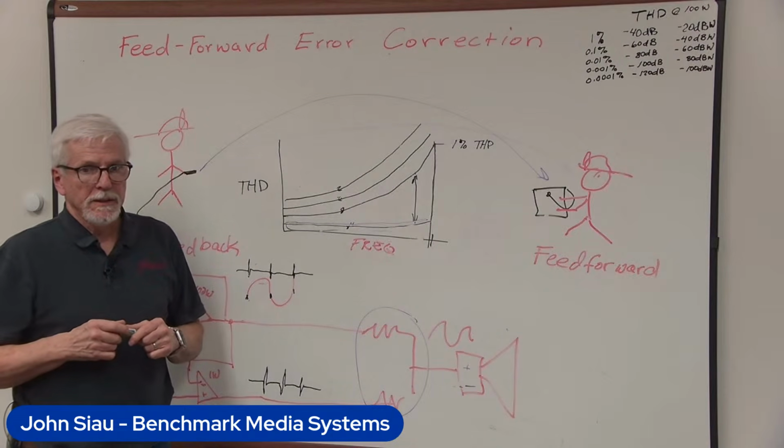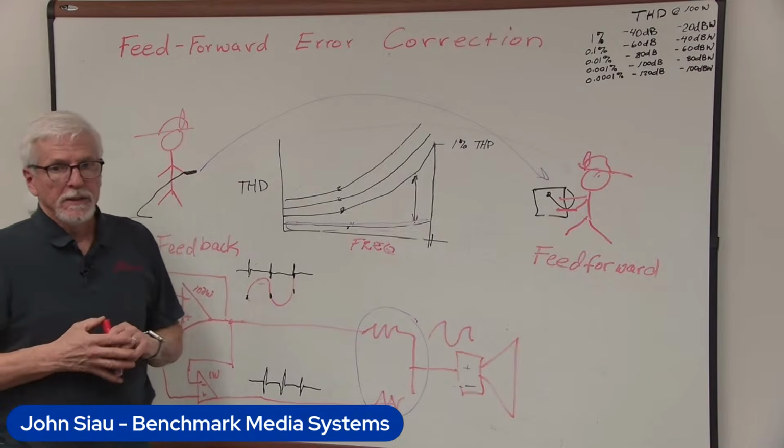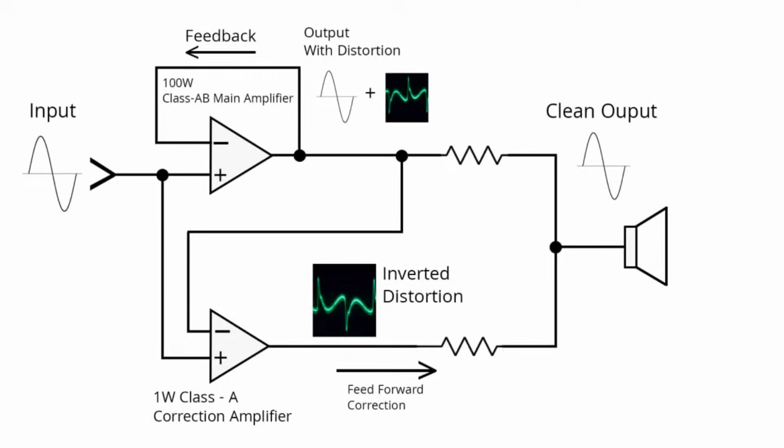And we have a block diagram here of the feed-forward error correction. Maybe you want to go over this. Yeah, so on the left, you see the input signal, and that goes into the main amplifier. We're showing that as a 100-watt Class AB amplifier. There's a feedback loop. There's actually a low-pass filter in that feedback loop to prevent the amplifier from oscillating.